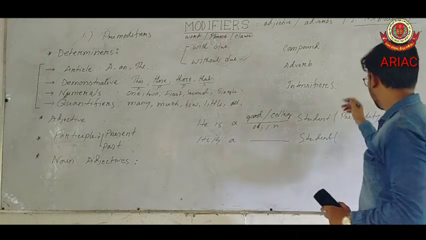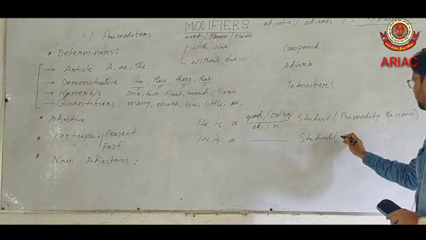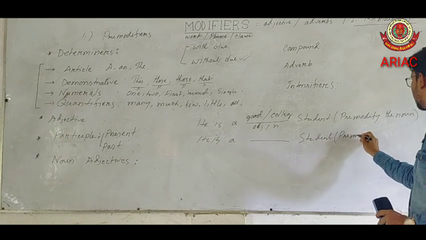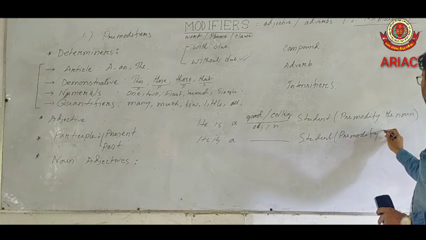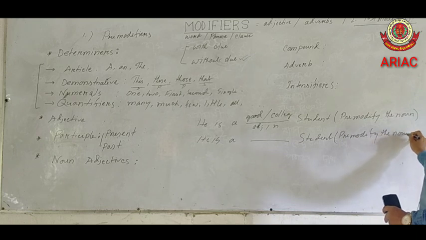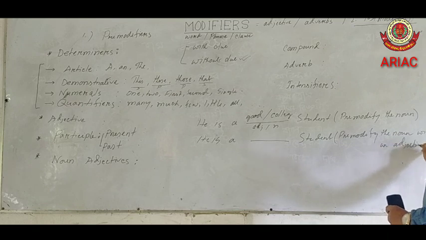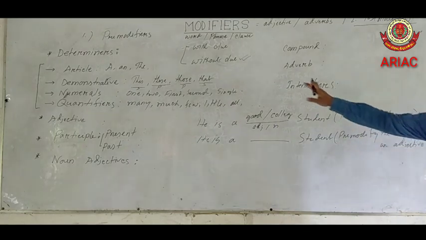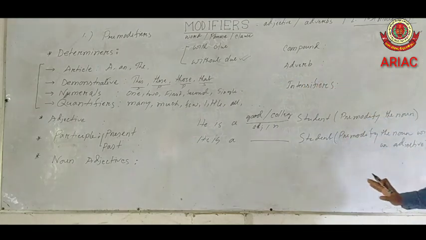So how can we pre-modify the noun with an adjective? Then this is called with clue categories.